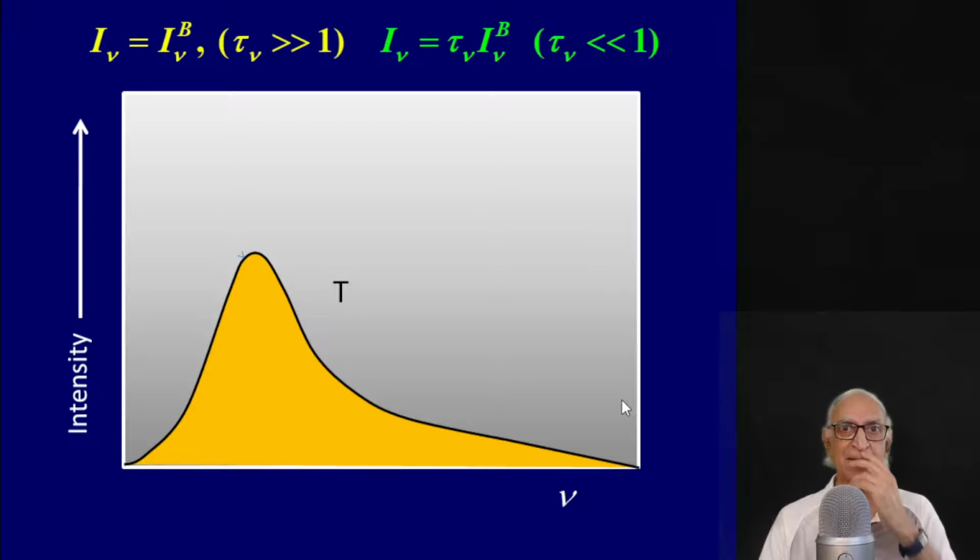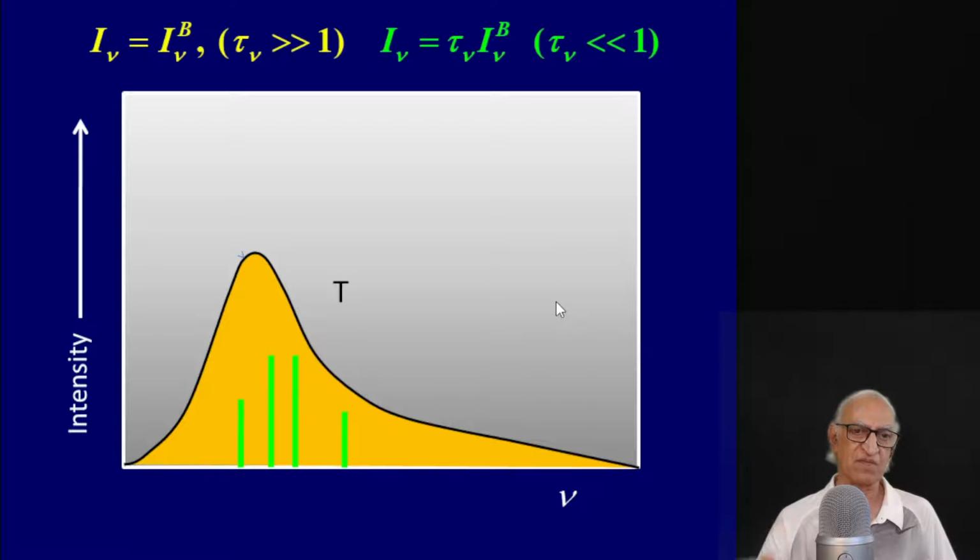The Chinese saying, one picture is worth 10,000 words, therefore let us look at this using a figure. What I'm saying is the specific intensity of an optically thick body will be tau nu into I nu b. What is plotted here is I nu b, the spectrum of a black body at a temperature T at all frequencies. What I'm saying is that our medium may emit radiation at various frequencies, this frequency or this or this or this.